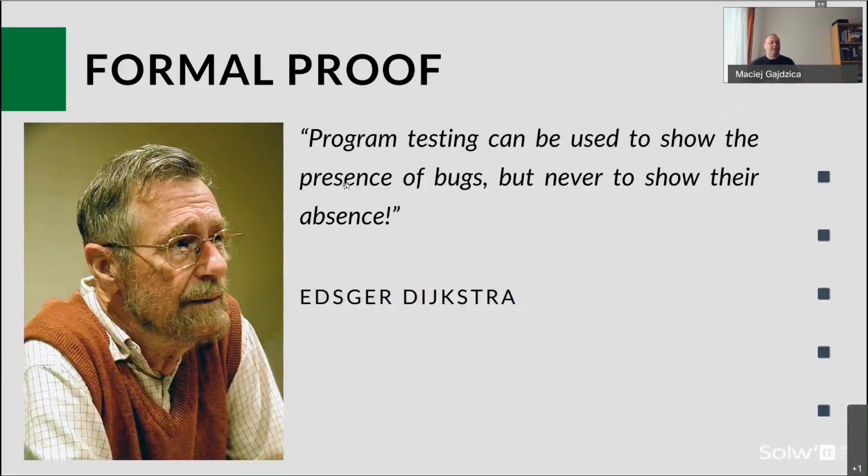Another thing about languages is how we can prove that our code doesn't contain any errors. Because in the 60s, Edsger Dijkstra said that tests cannot ensure us that our code doesn't have any mistakes. If our tests are passing, we cannot be sure that we don't have any mistakes. We are only sure that if tests are failing, we have some errors, but it doesn't work the other way around.